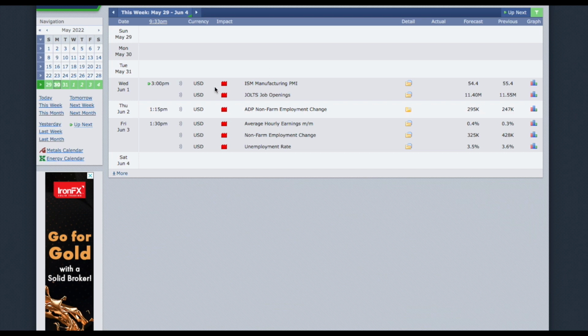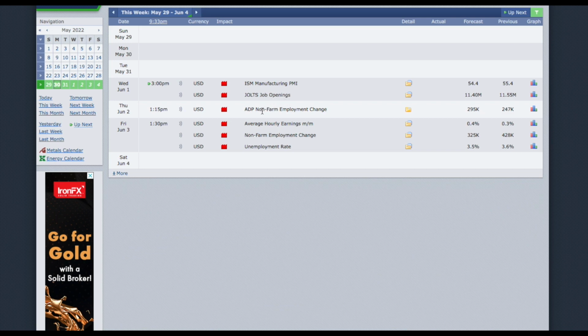All right. On Wednesday we have some news coming in at 3 p.m., which is going to be good. So depending on how the market is looking, i.e. today, tomorrow and Wednesday, we could continue to ride the wave as we wait for the PMI and the job openings reports to come out.